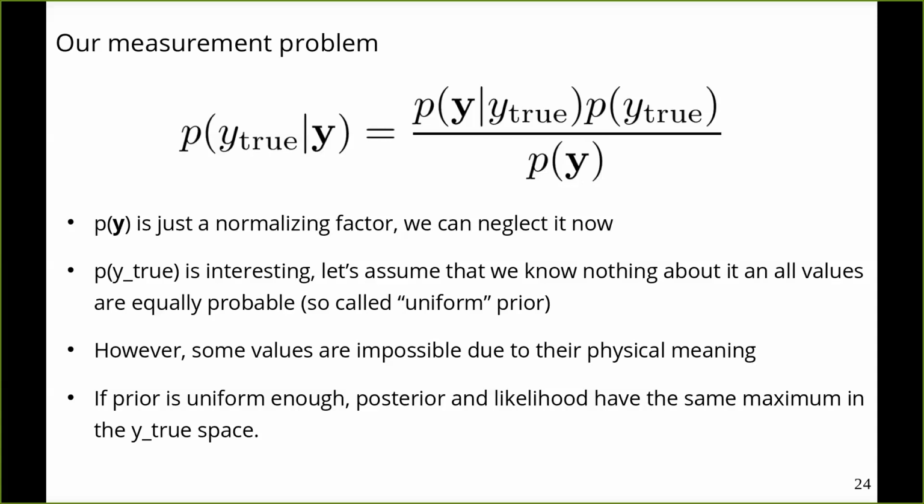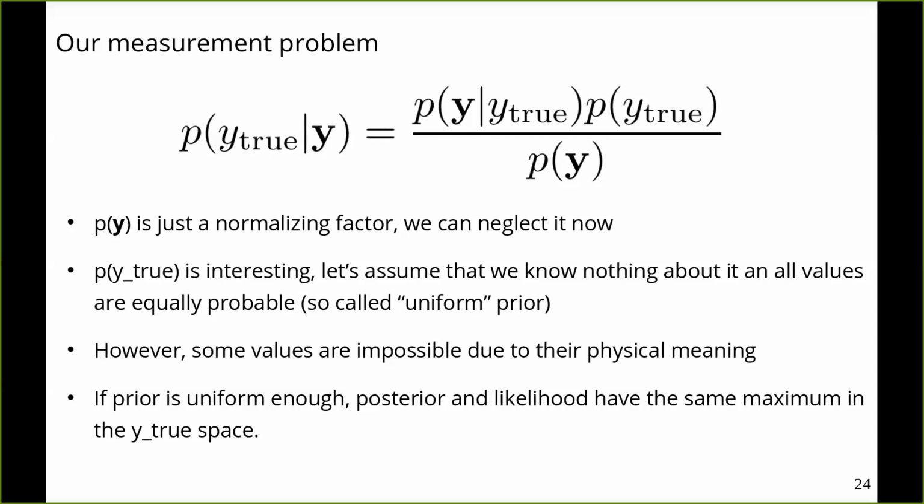For the moment, we're going to assume that our priors are all equally probable, and this is called uniform prior, or sometimes even flat prior. Okay. And if this prior is uniform, and you can eliminate this normalizing factor, then it means that the maximum of the left probability, or posterior probability, basically coincides with the maximum of your likelihood, right?